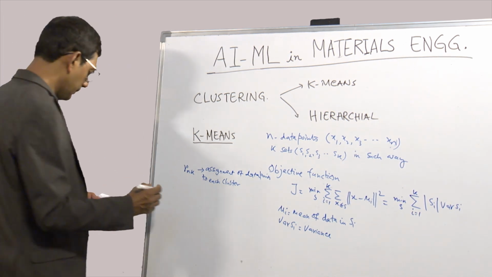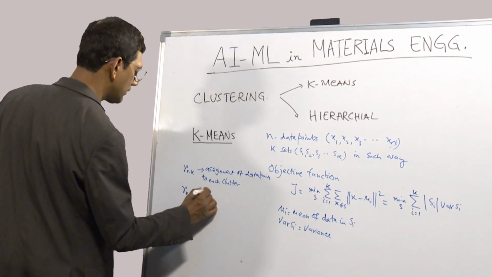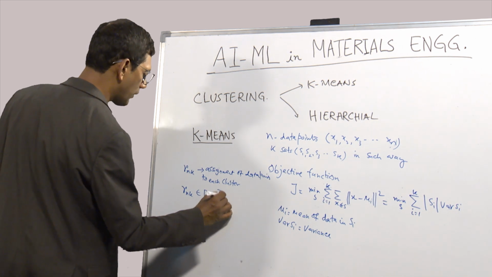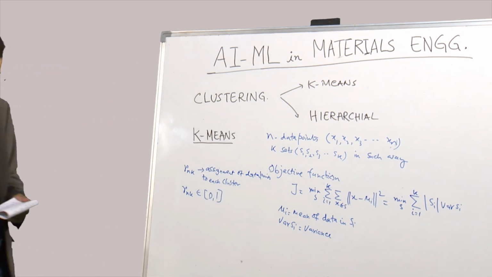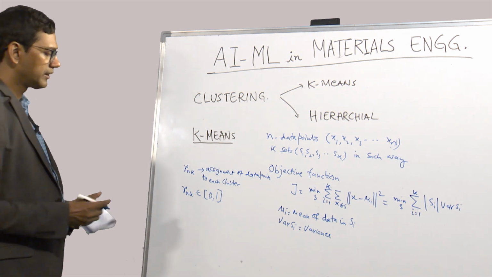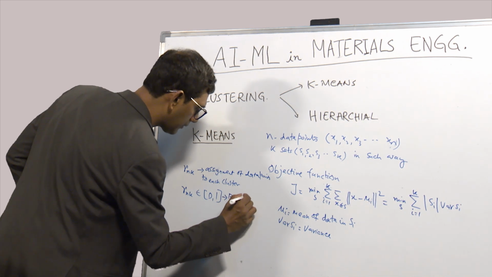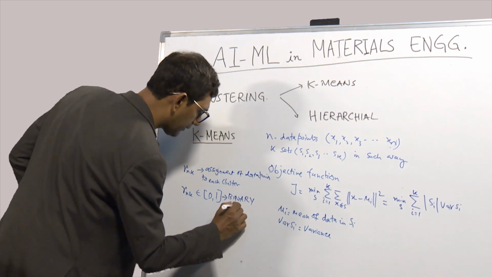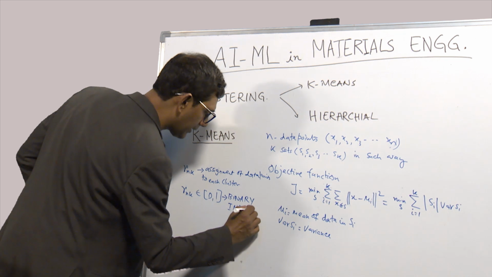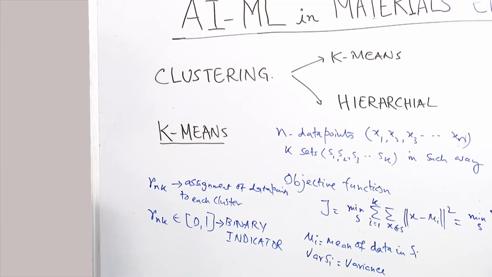So, what we do? We define r nk, it has two values only, 0 and 1. It is nothing but a binary indicator. Why is it called binary? Because it has two values only. Am I clear? That is what it is.